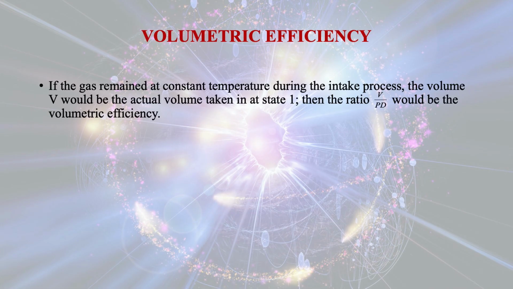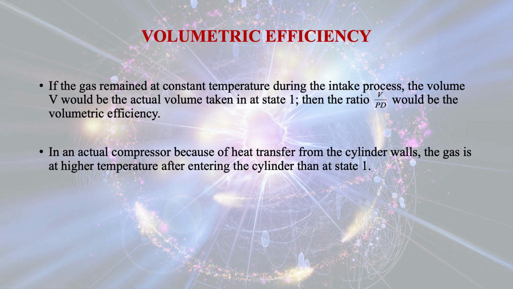If the gas remained at constant temperature during the intake process, the volume V would be the actual volume taken at state 1, then the ratio V by PD would be the volumetric efficiency. In an actual compressor, because of heat transfer from the cylinder walls, the gas is at higher temperature after entering the cylinder than at state 1.